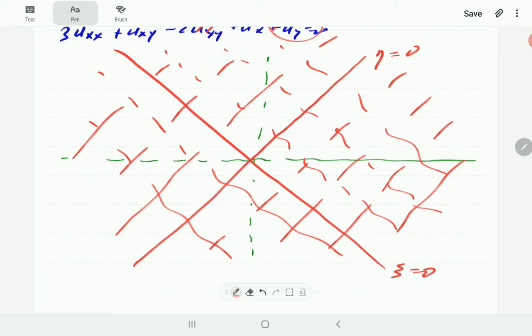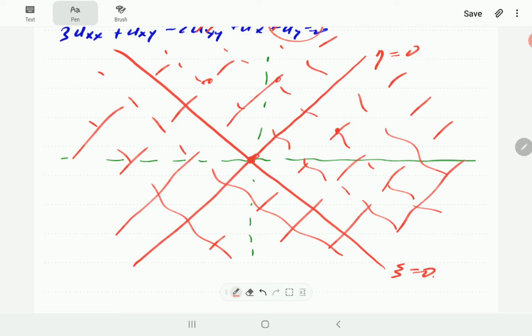And then each point is going to be specified by, for instance, 0, 0, which is the same as before, and then maybe this could be 2, 1, 2 this way, 1, 2 this way, 1 this way.